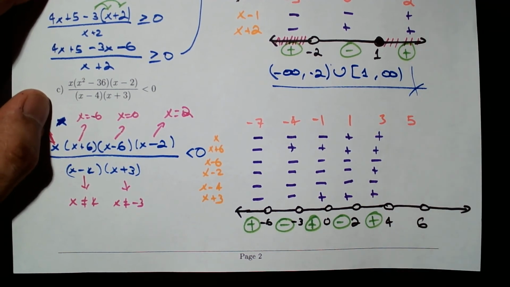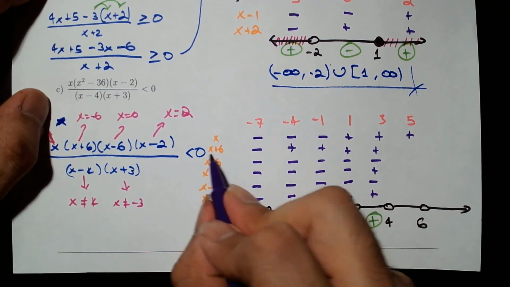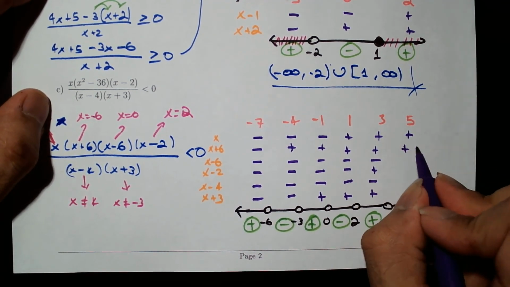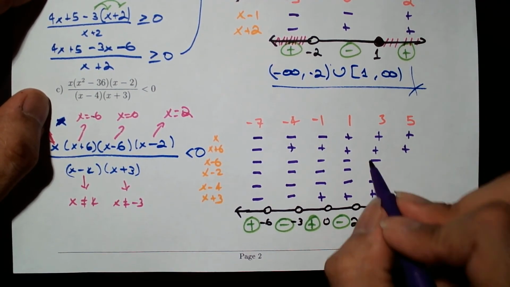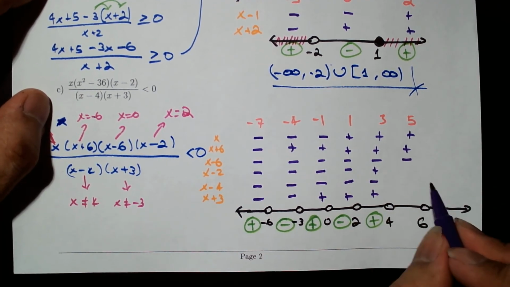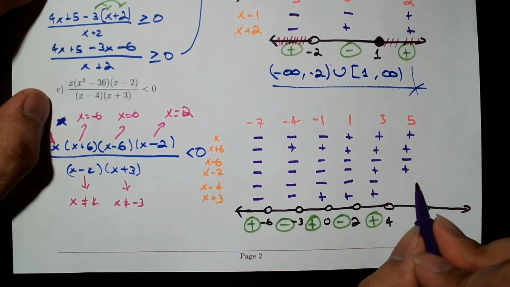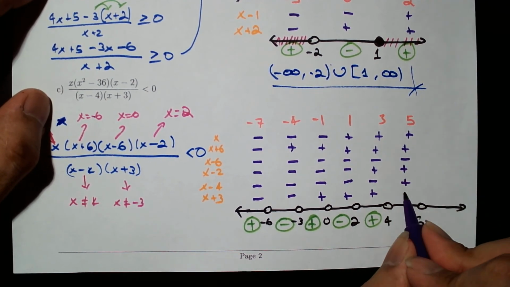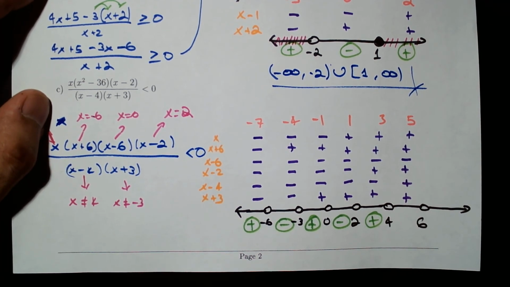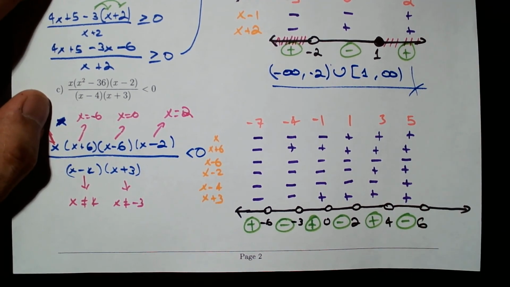Now let's look at the next one, and the last one. So 5 is positive. 5 plus 6 is 11, which is positive. 5 minus 6 is negative. And then 5 minus 2 is positive. 5 minus 4 is positive, and 5 plus 3 is positive. So I only have one negative times a bunch of positives. That's going to be a negative, and I need one more.